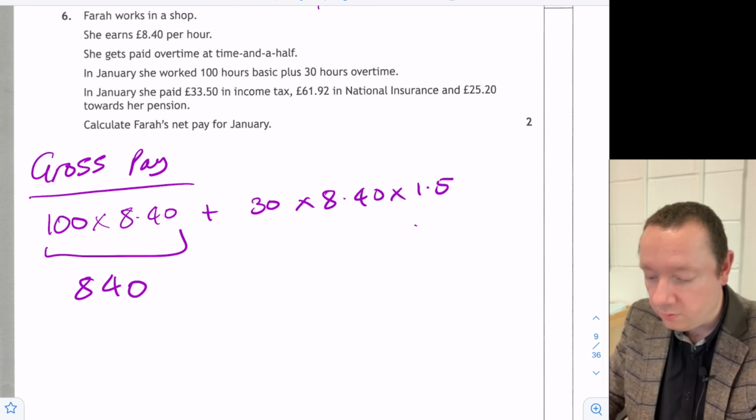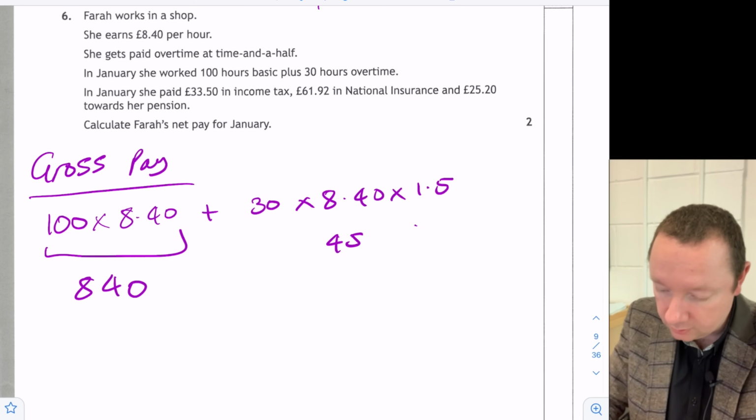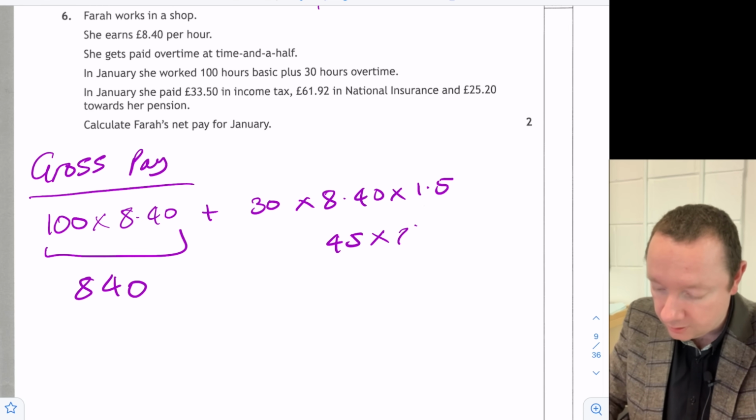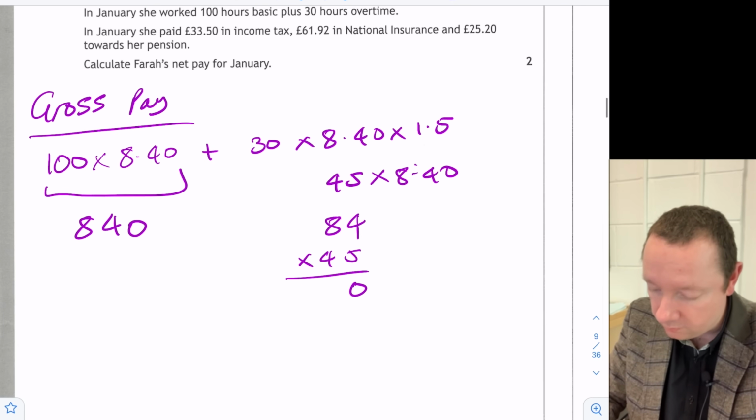30 times 1.5 is 45. So if I do 45 times £8.40, so that's 84 times 45 to work it out. 5 4s is 20, 5 8s is 40 and 2, 0, 4 4s is 16, 4 8s is 32, plus 1 is 33.